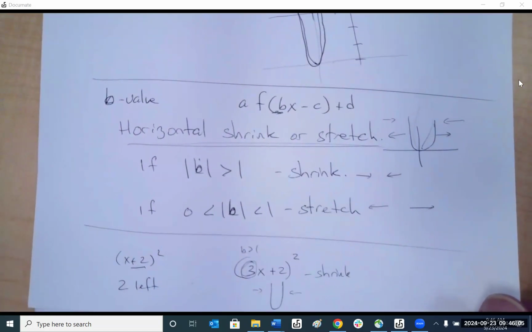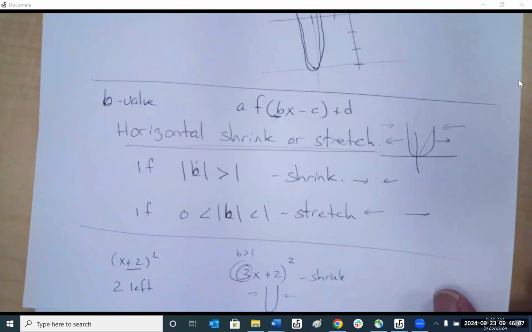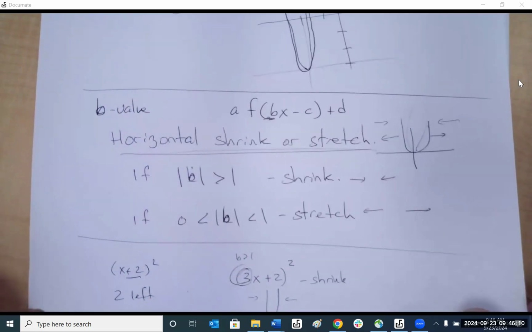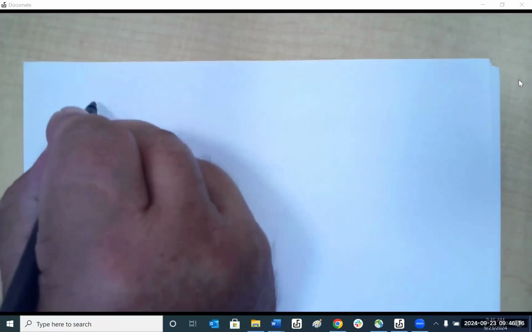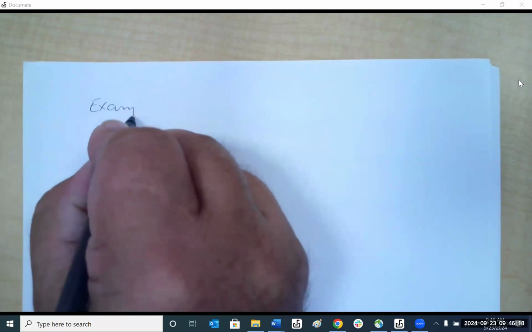This next example is going to help us a lot. Example 3.